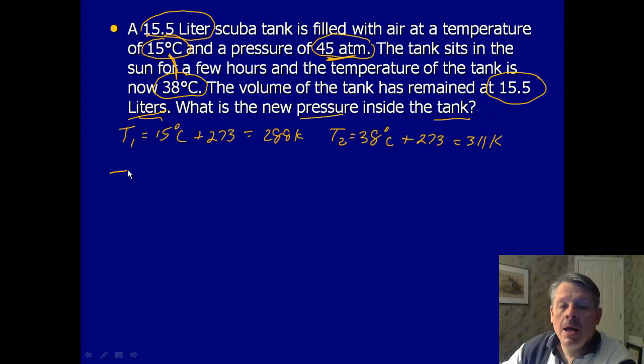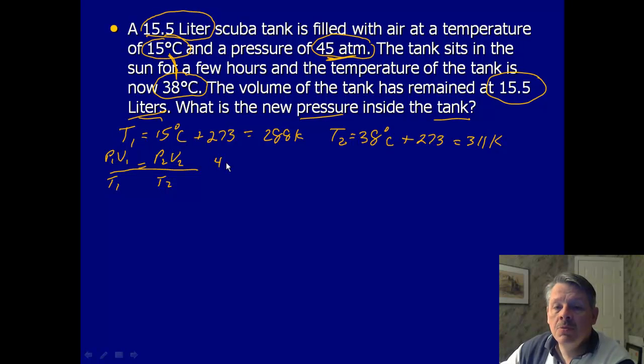So I have P1 V1 over T1 equals P2 V2 over T2. My initial pressure is 45 atm. My initial volume is 15.5 liters.